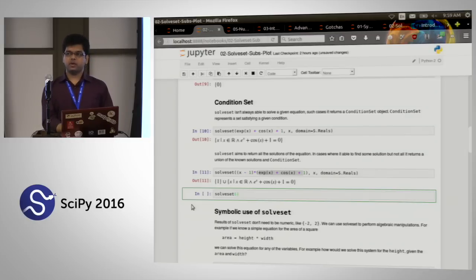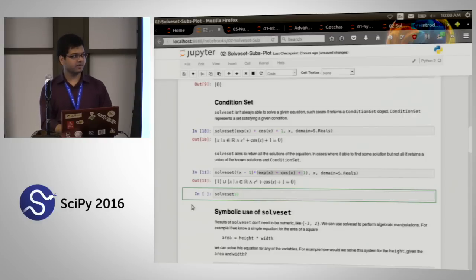So anyone want to try some equation which you want to solve with solve set? It will just return some unvalidated condition.